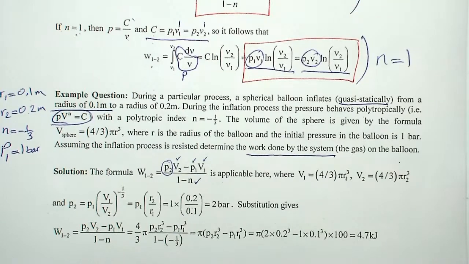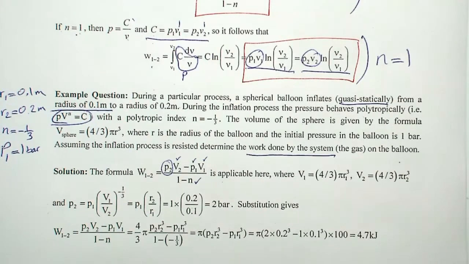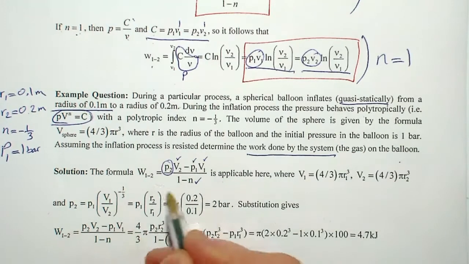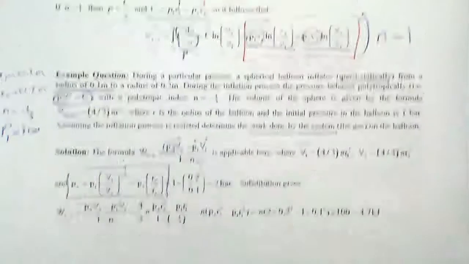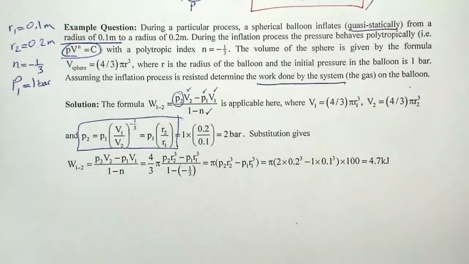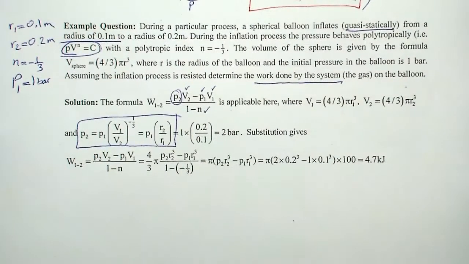Then the first thing I'm going to do is relate P and V using my polytropic equation. You might struggle to understand how we get this simplification, so I'm just going to explain and show you the steps, how we go from the polytropic process to this simplification.